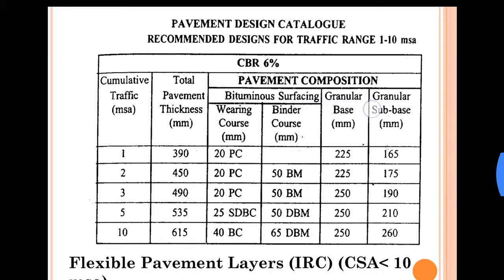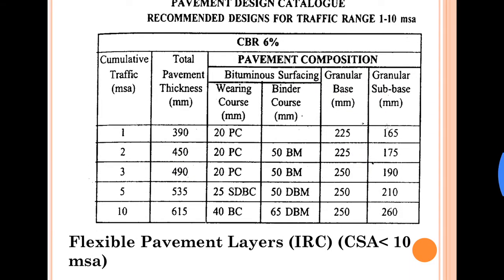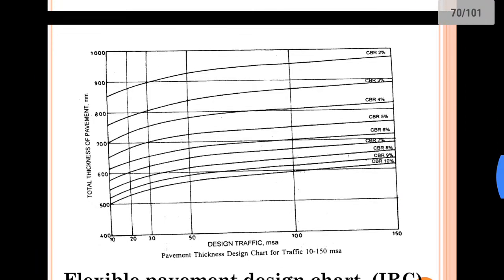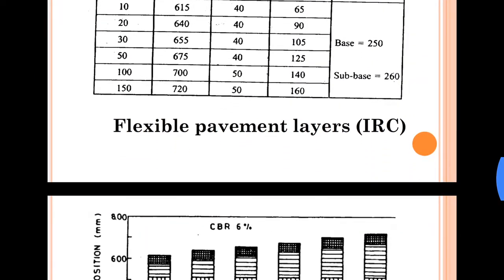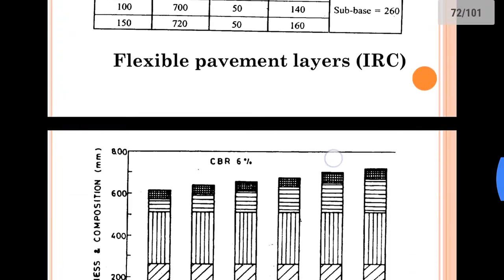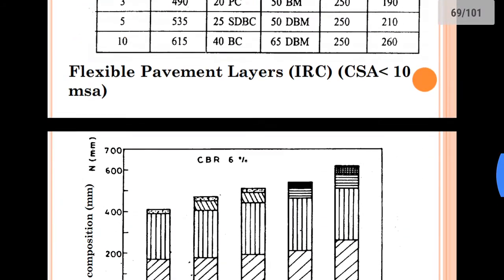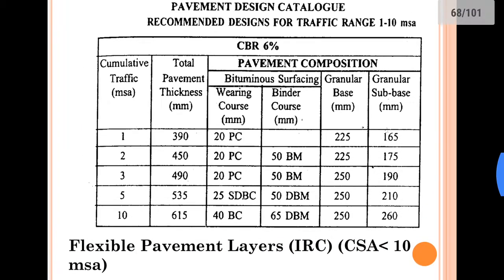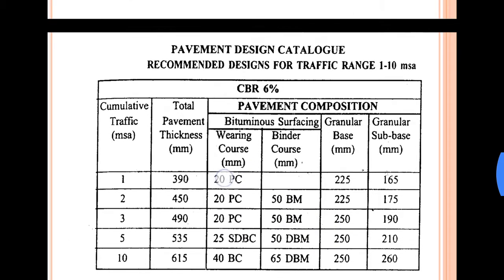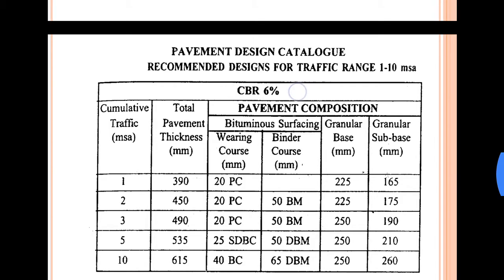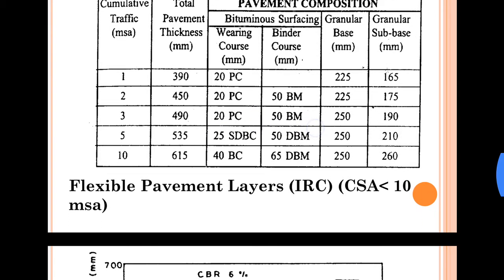Then later on we also have these tables. So we go to the table for CBR 10. All these tables are given in the IRC code. Then you go to the table for your specific design CBR, then you have a look at your thickness.